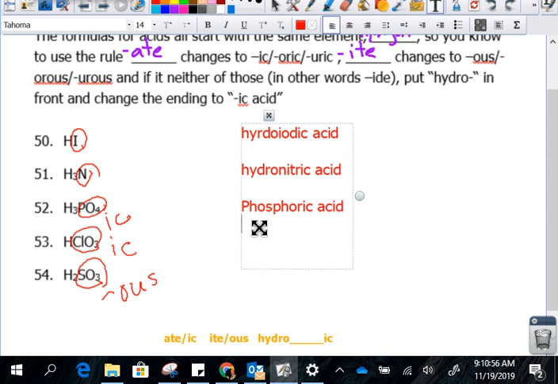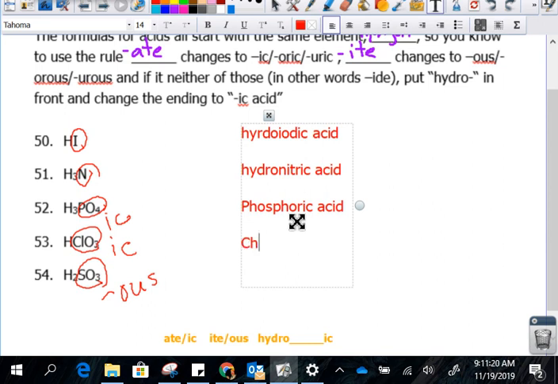So with phosphorus and sulfur, you'll often see this OR or UR kind of squeezed in there to make it sound somewhat better. So phosphoric is really common, sulfuric is common, sulfurous, phosphorous acid. But right now I'm just making sure you get from ate to ic and ite to us.